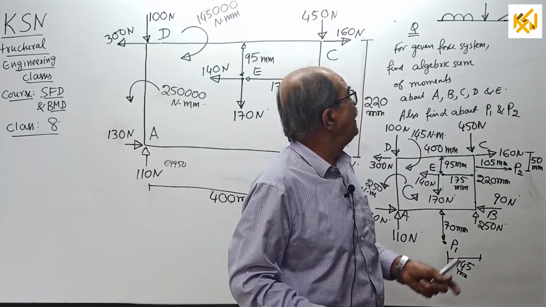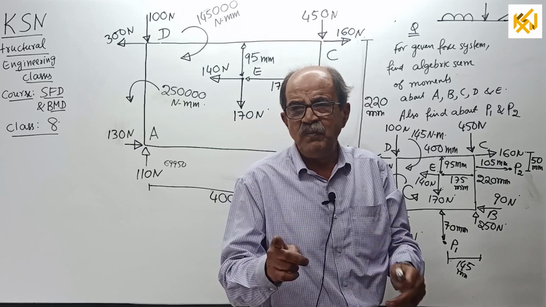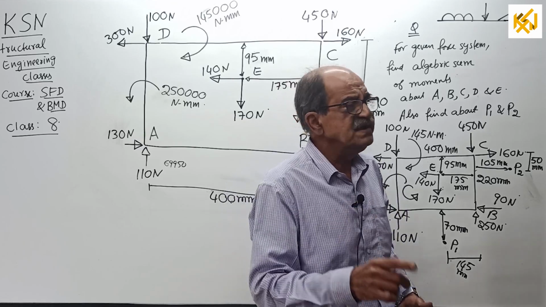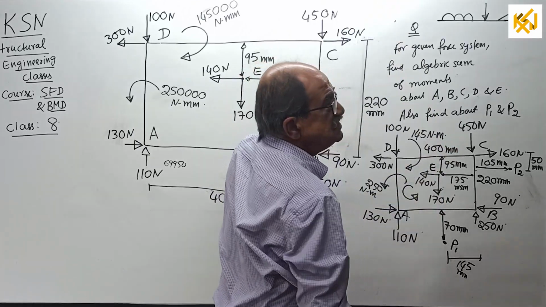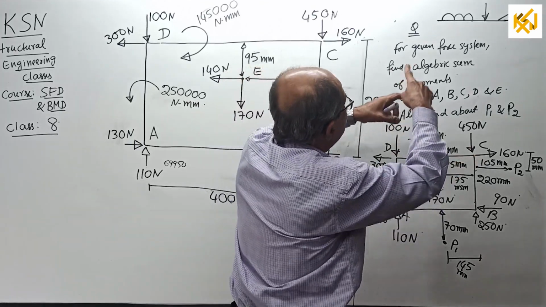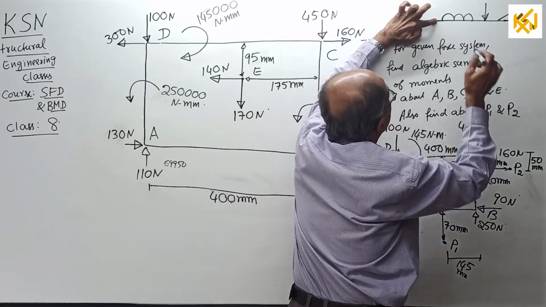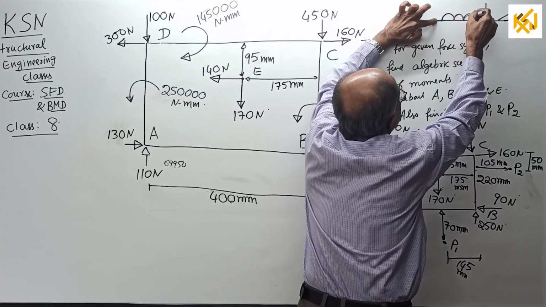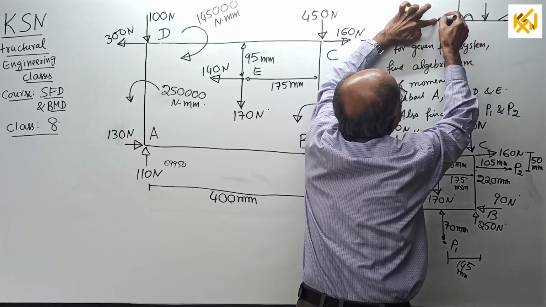Whether it is a point load or UDL or UVL, when you find moment, I will always insist, you should always write moment like this: force into distance. Later, if I want moment about a point for a UDL, even then I will tell force into distance.